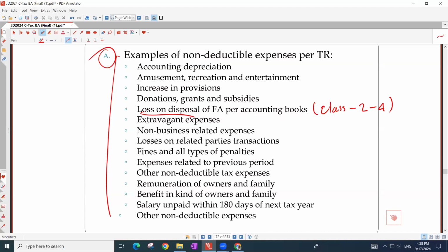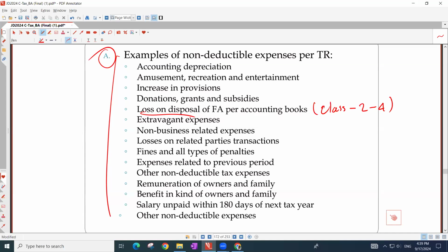Extravagant expenses are unnecessary expenses that seem too much from a tax perspective. Do we have any limitations on that? No. So when the GDT scrutinizes extravagant expenses, normally they will compare with the government rate, especially for per diems or business or traveling expenses.